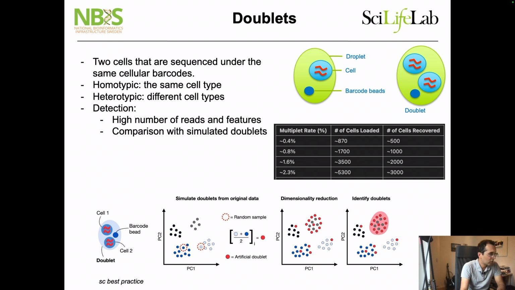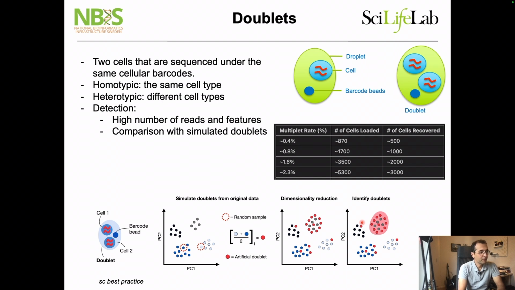So you have your own cells distributed in the reduced dimensional space in PCs, and then you generate artificial droplets or artificial points, and then you visualize it again. And what you see, if you see a cluster of the cells which are going together with the artificial doublets, you mark them as doublets.